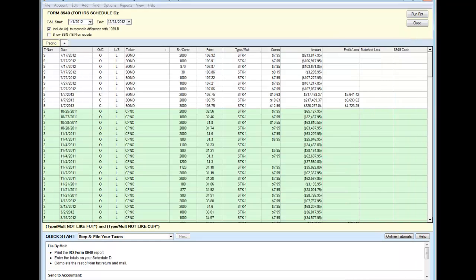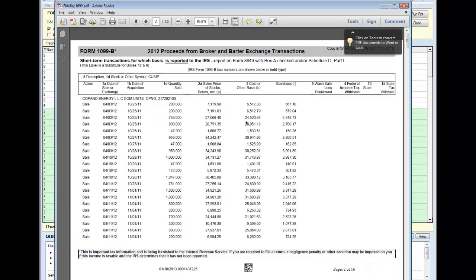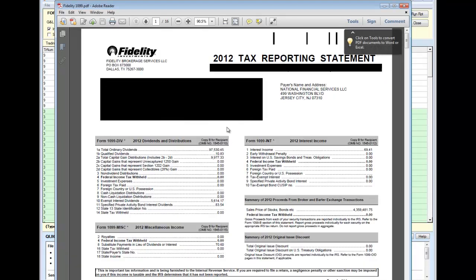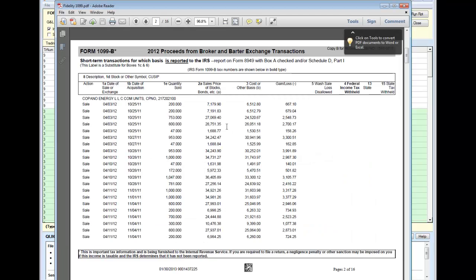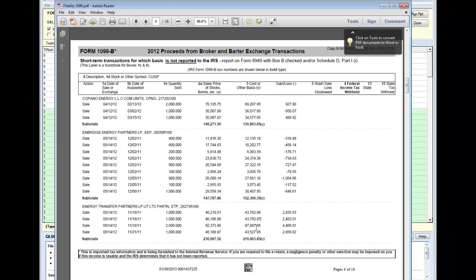Now in this case, it's a Fidelity 1099, so let me open that up. And I'll show you right away, we notice a difference here. There's a section here for reported cost basis to the IRS. So that's where we got our number for cost basis, $764,063,000. But now there's another section, cost basis that is not reported to the IRS.